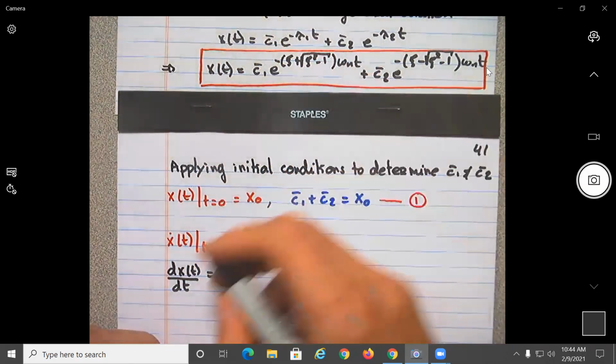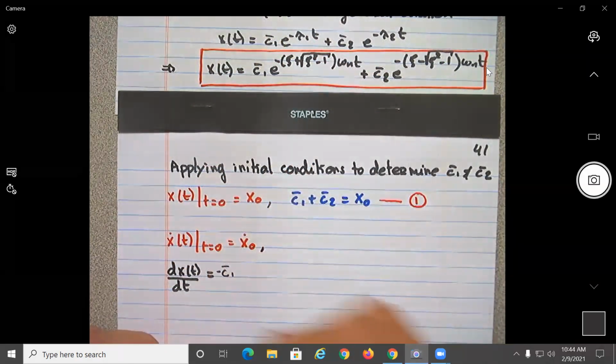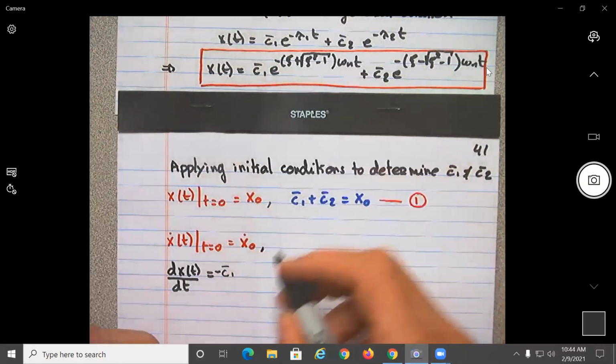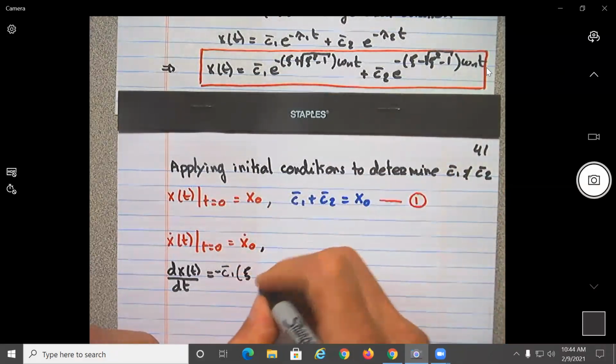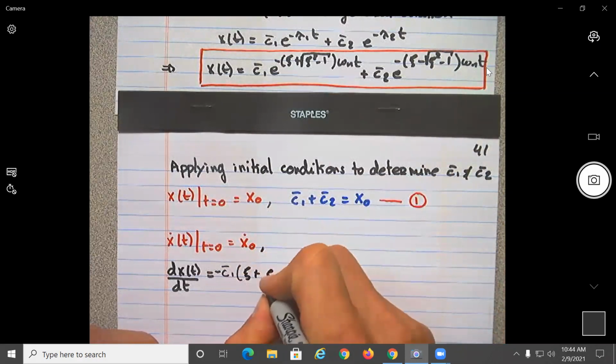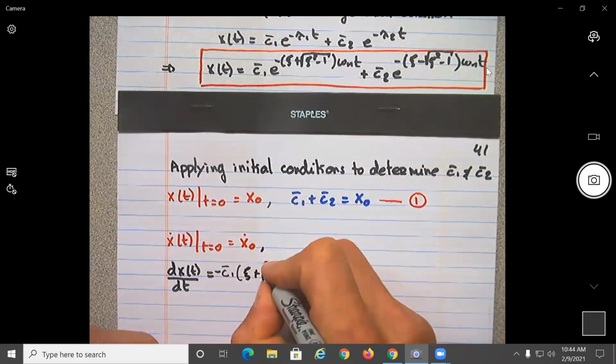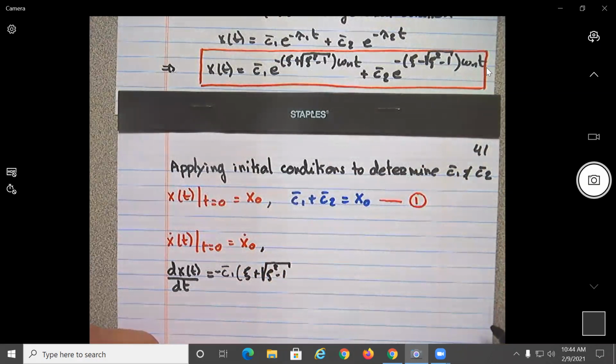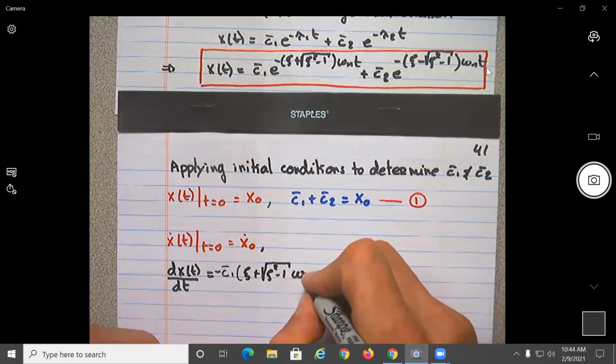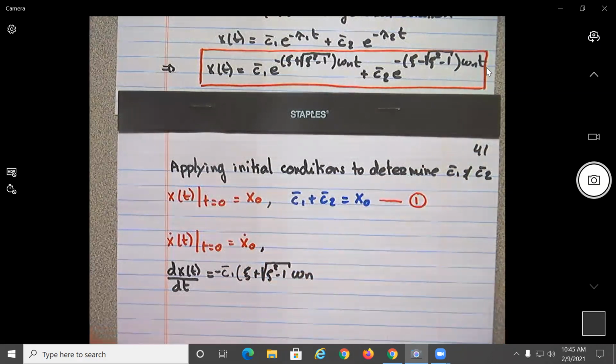So actually it should be minus C bar 1 times zeta plus the square root of zeta squared minus 1, omega n.